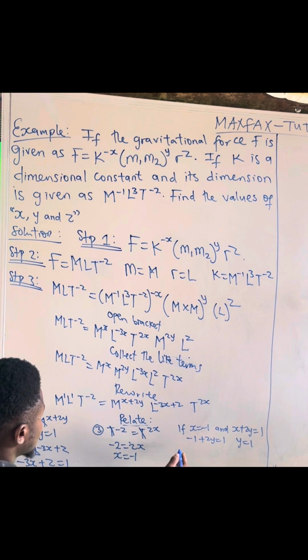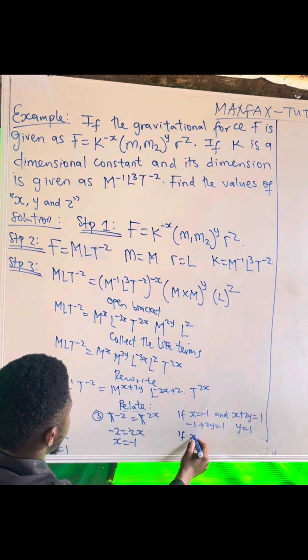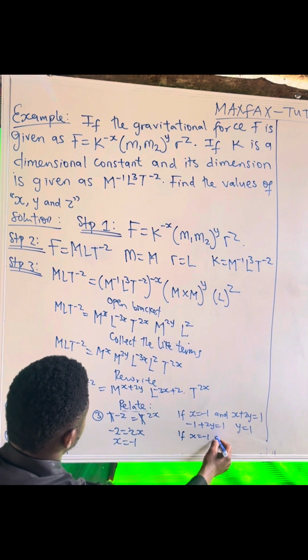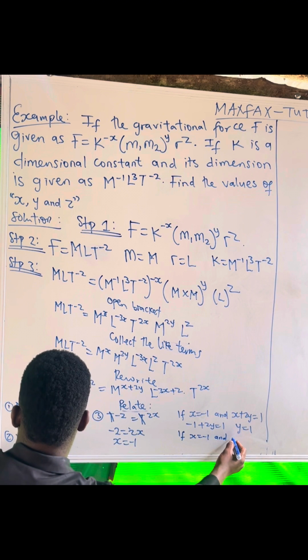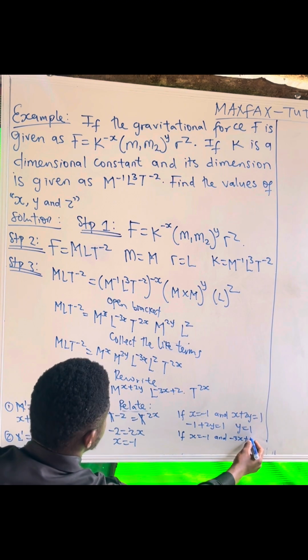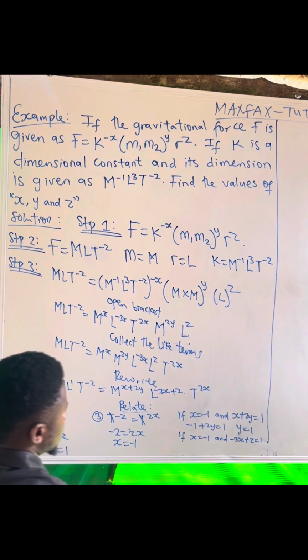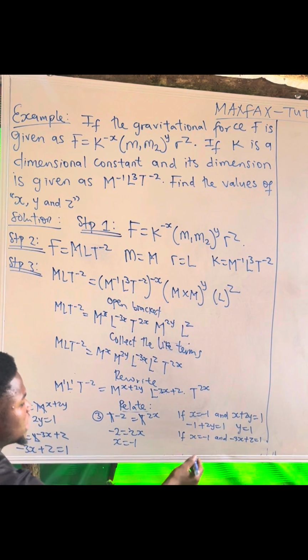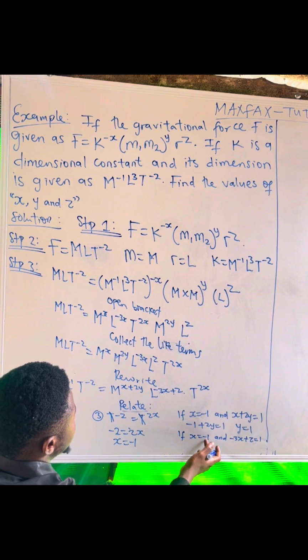So we will now say that if X equals minus 1 and minus 3X plus Z equals 1, we are going to substitute the value of X here.